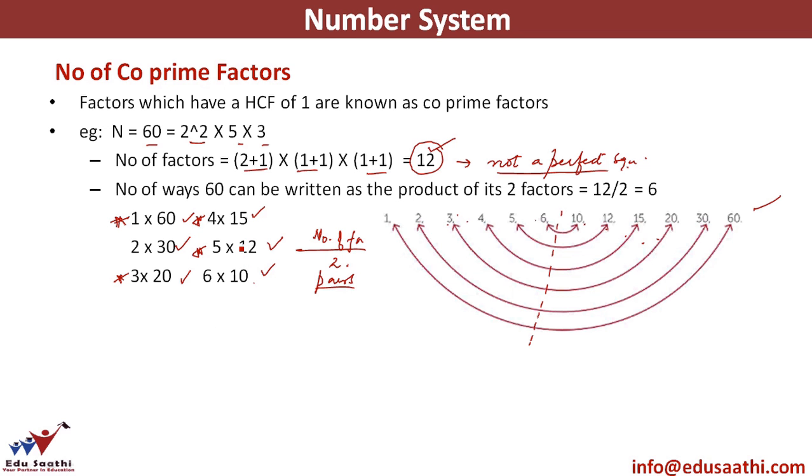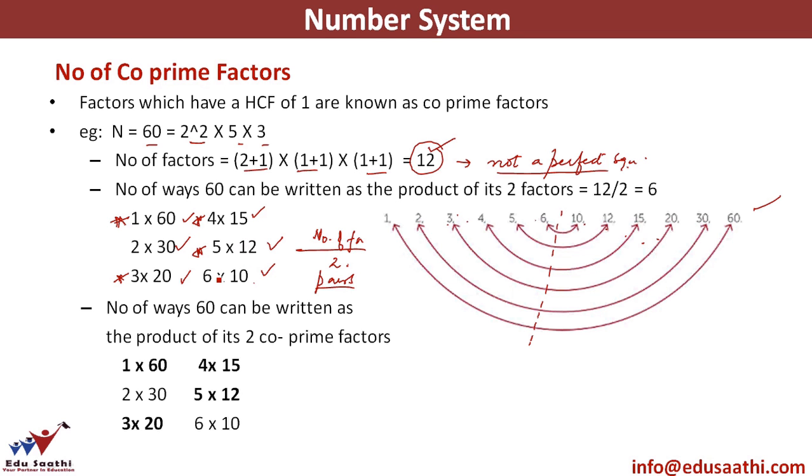Now all these 4 pairs will be known as coprime factors, and 60 can be written as a product of its two coprime factors in 4 ways.